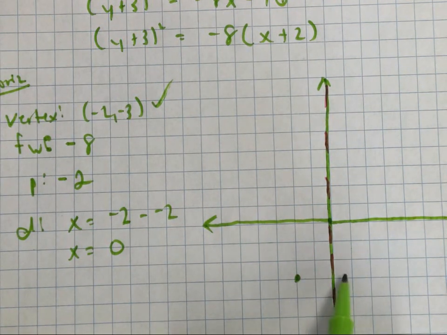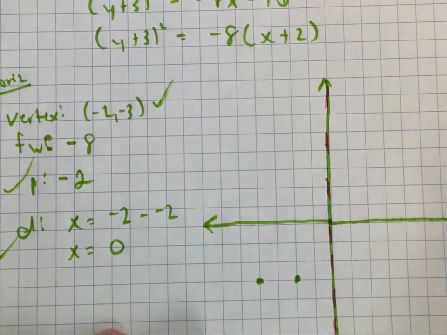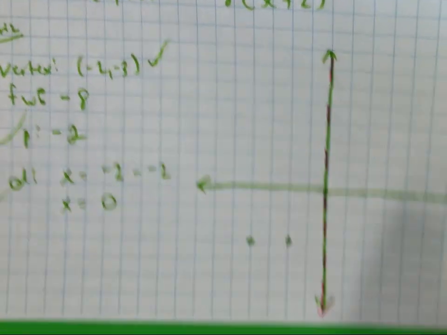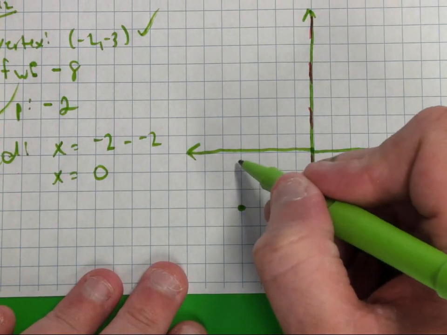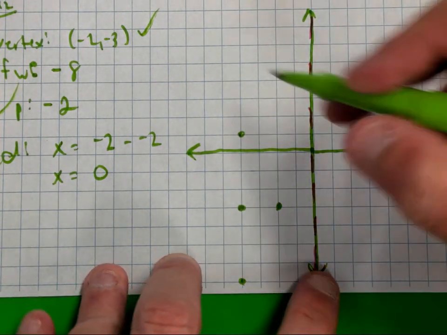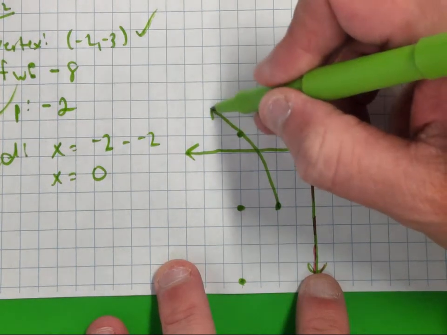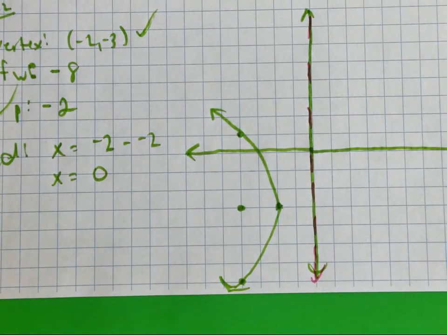So if my directrix is that way, I'm going to go the opposite direction, 1, 2, this way. Check, check. Focal width is -8, so that means you're going to go 4 one way, 4 the other way. And that's your graph.